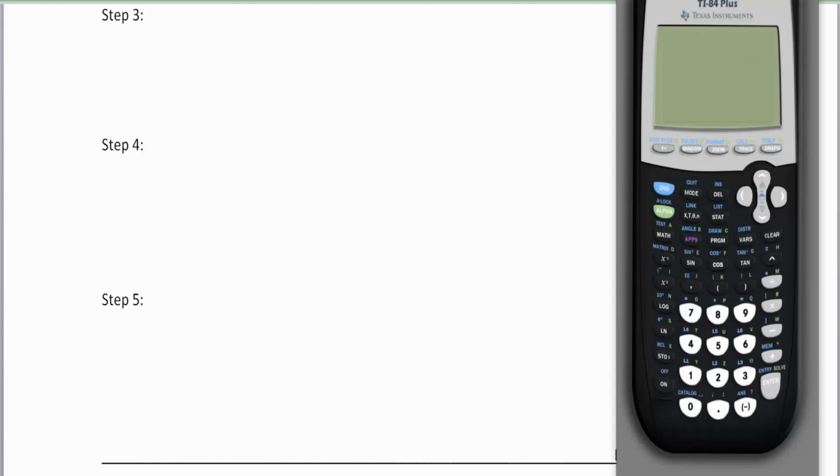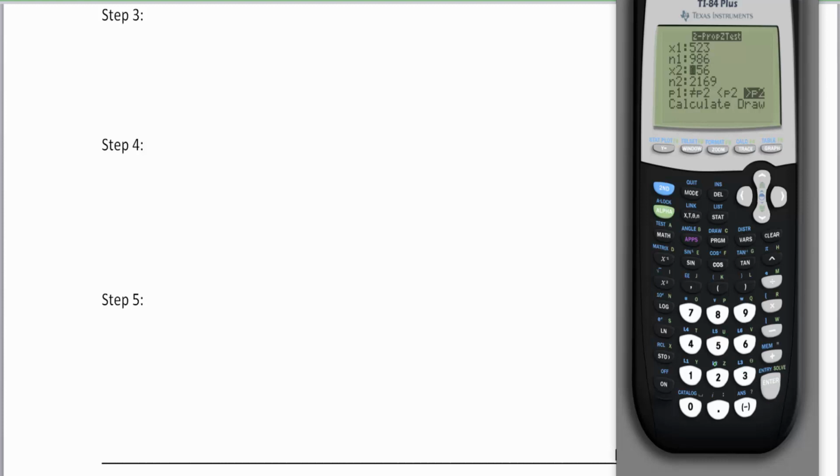Part 3 is typing in the equation. So let's go to our calculator, click on stat and move over to tests, then move down to the 2-prop z test. We type in for our x1 our 523, and our n sub 1 was 986.